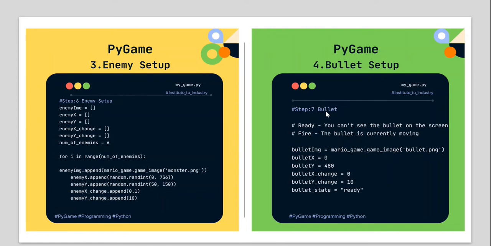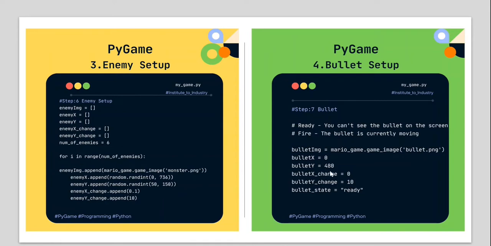So we have to take that bullet image, and the bullet position also we have to mention. Basically it's coming from the player. So the bullet y is basically the player's y place, and the x place is there, and it needs to be adjusted in the function.